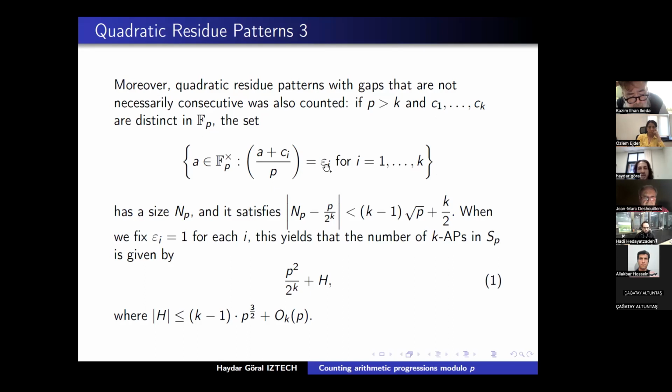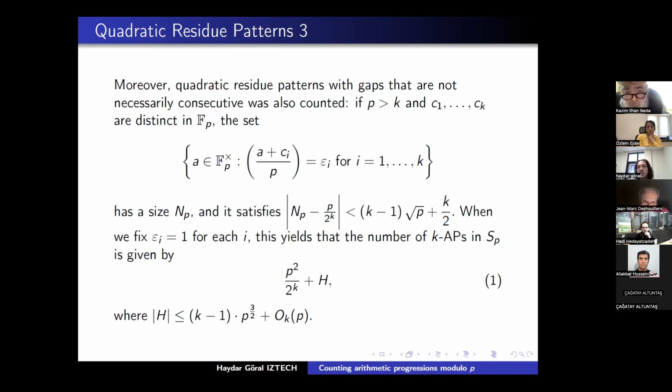For example, again, if you choose all epsilons 1, this means that all of them should be quadratic residues. For example, if c1 is 1 and ck is k, then this is the previous problem. You are counting arithmetic progressions like a plus 1, and you expect that all of them are quadratic residues.